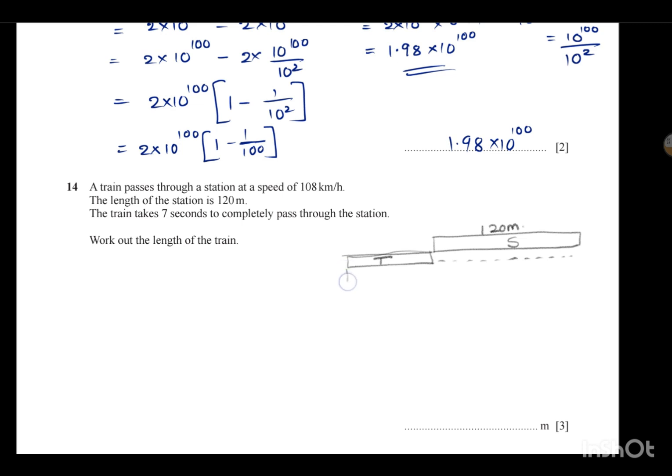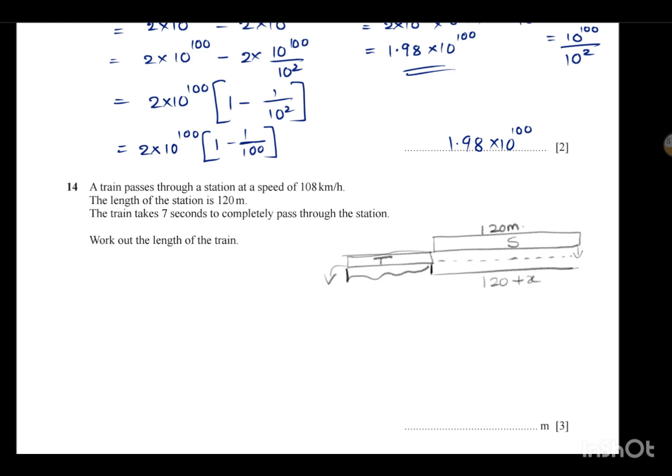That means it's starting from this point, it's going up complete 120 meters. Then also it has to take this distance to pass, to bring this end of the train here. So it should be 120 plus some other distance, which, suppose we can take as x, the length of the train. Now this is the total distance this train is traveling.